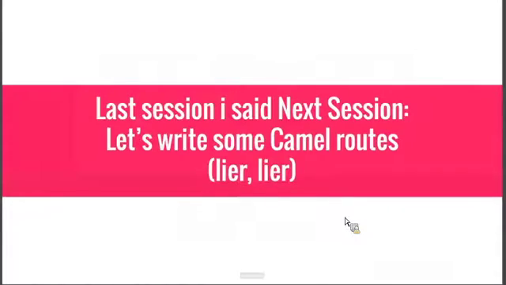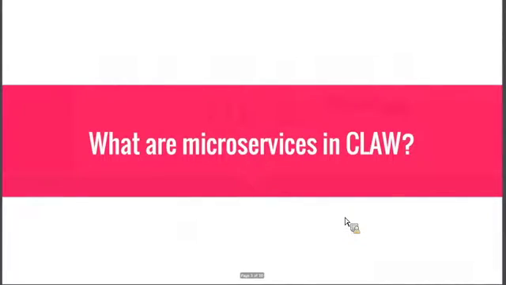So I will start. Last time I said next session we'd write some Camel routes. I was lying. Why? Basically because I changed my mind. Camel is awesome. Camel has great potential and it's very good for a lot of stuff that is done async.